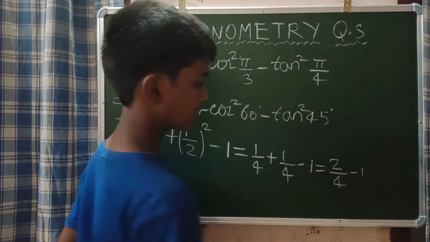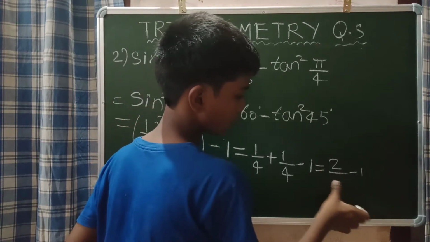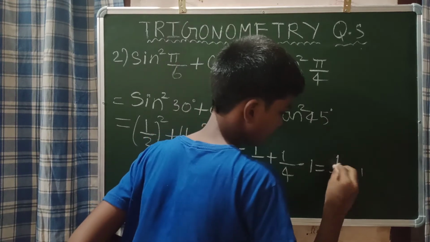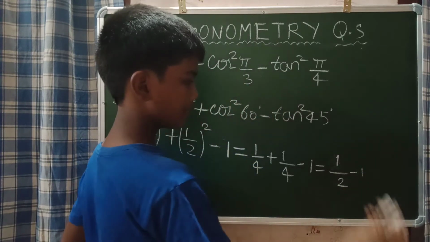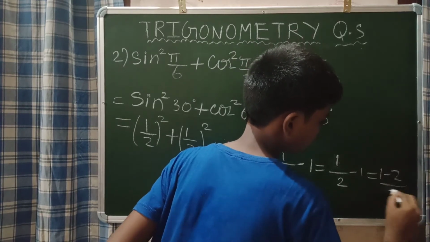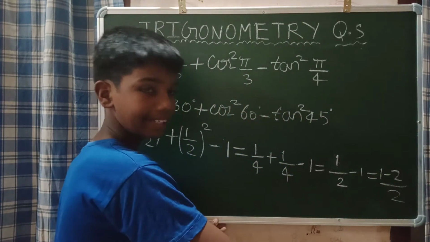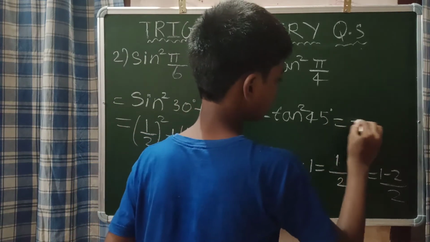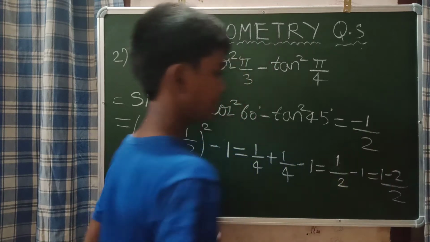Now 2 by 4 becomes 1 by 2. So 1 by 2 minus 1. That means we can write it as 1 minus 2 by 2, which is minus 1 by 2.